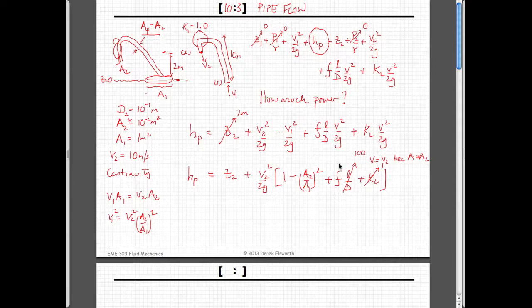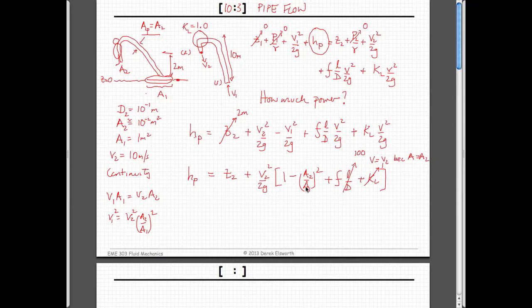Correct me if I'm wrong. We don't know what the friction factor is. Do I want to calculate that? I suppose we should calculate it, so we'll do that later. a2 over a1. So a2 is equal to 10 to the minus 2, a1 is equal to 1, so it comes out to be 1/100th.